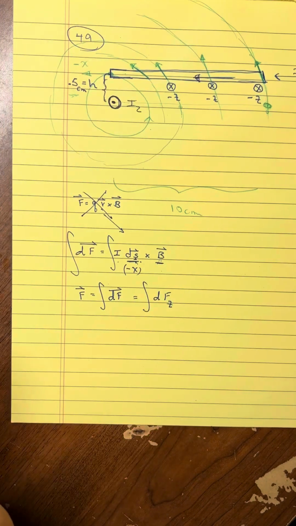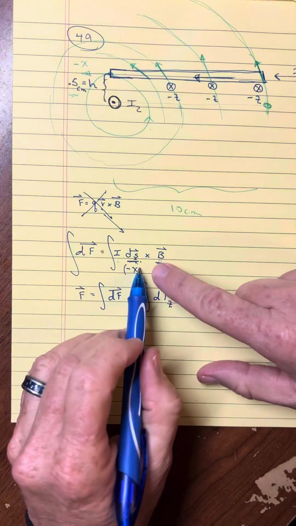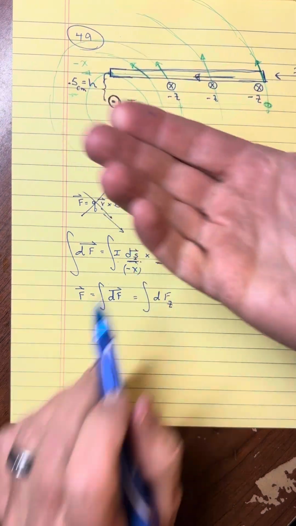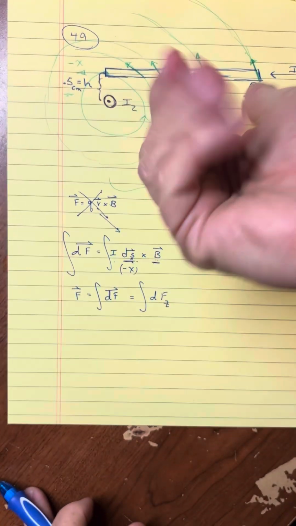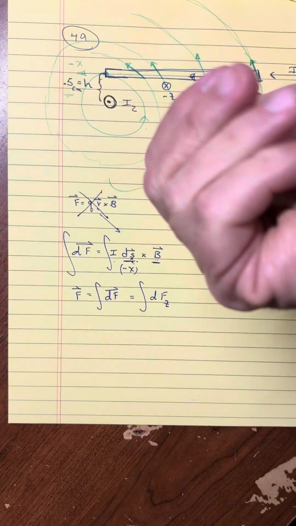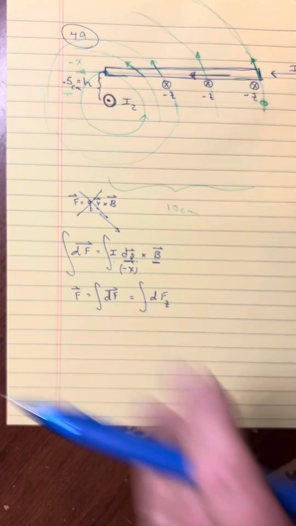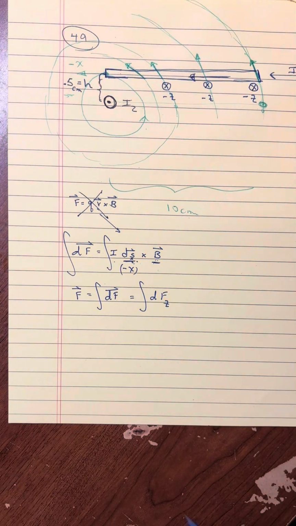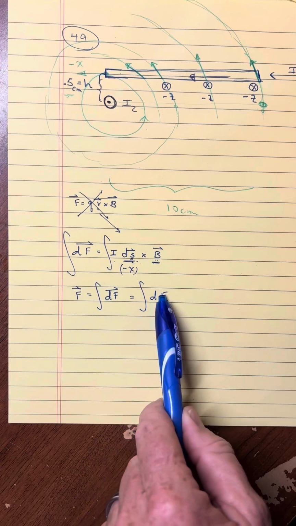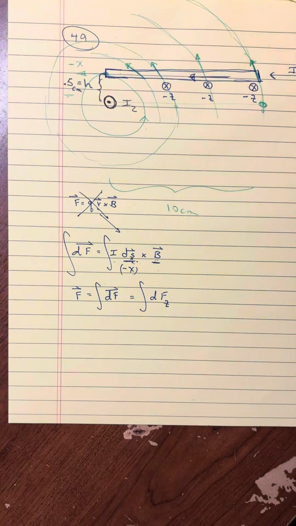But back to just the force. I'll say it again. We're very lucky here in this cross product to realize that every single cross product, so current in the negative x direction, across the field is in a negative z direction. And so I can drop the vector here and just add up magnitudes.